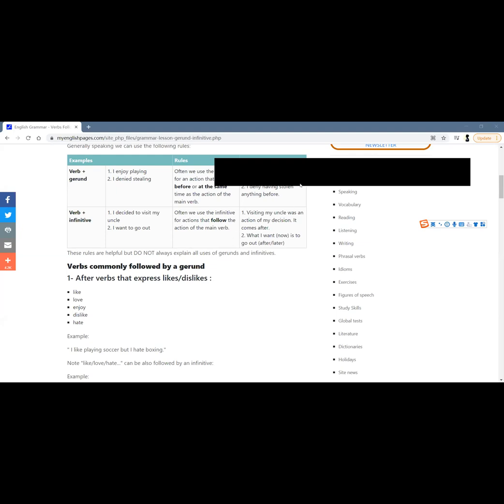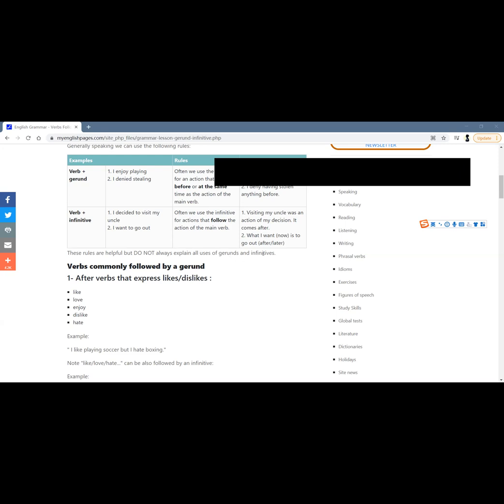But there are exceptions. For example, the verb stop. If you say "I stopped playing," that means you were playing and you stopped. But if you say "I stopped to play," it means that you stopped something and then you go play.